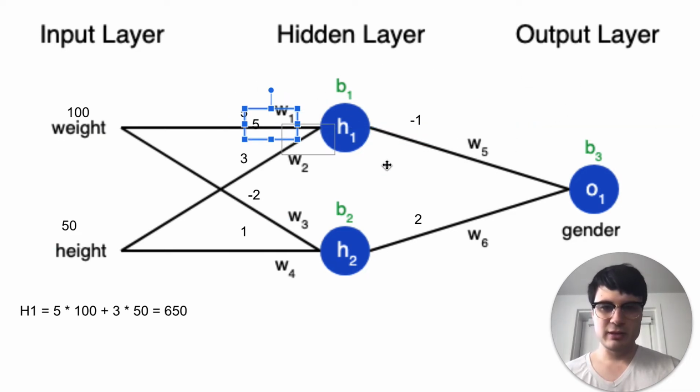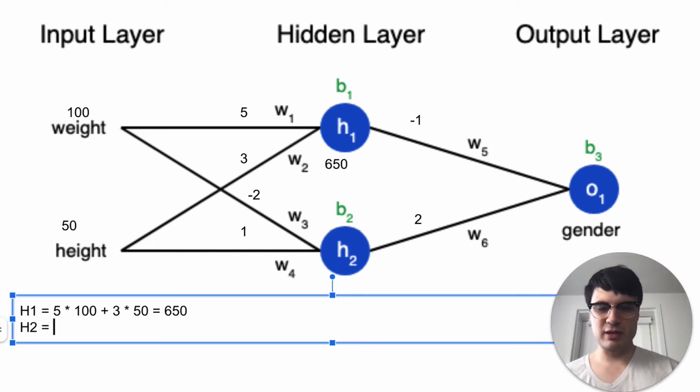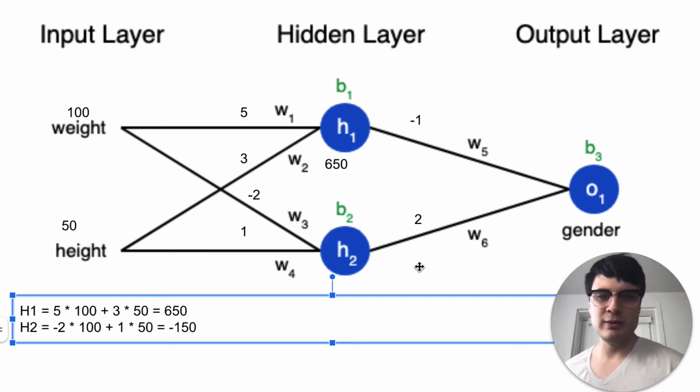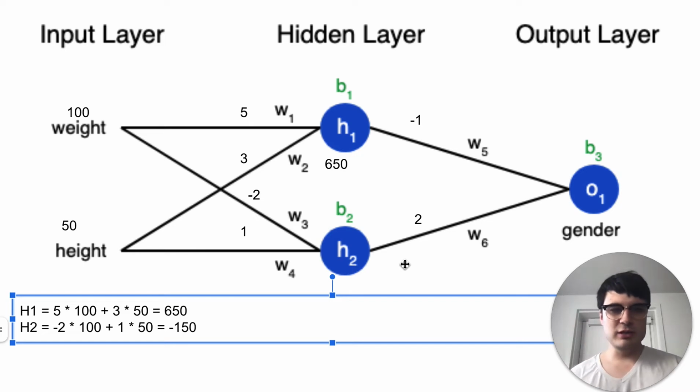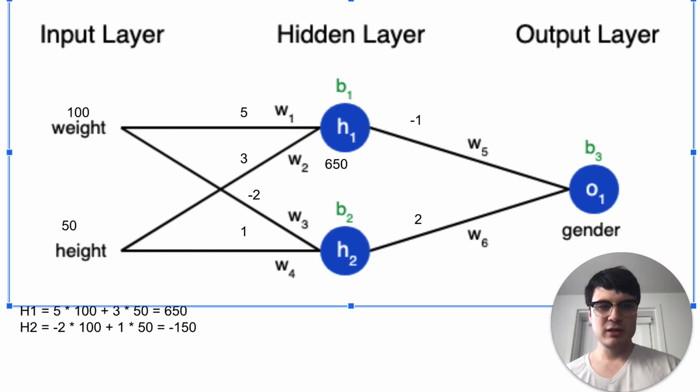So let's write that here for our purposes. The value of H2 is the same thing. So we have negative 2 times 100, plus 1 times 50, and that gives us negative 150.